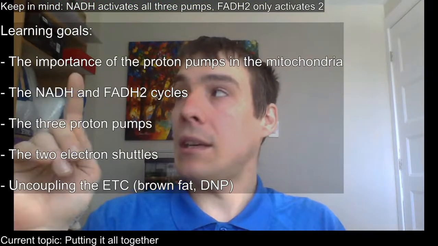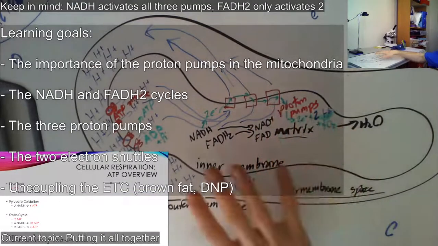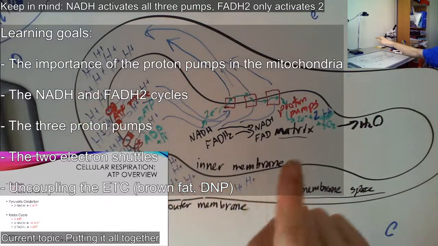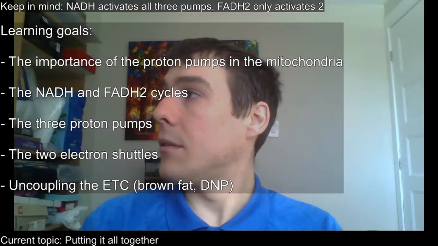So just as a quick review, we did the importance of the proton pumps to maintain the gradient, and that was based on this diagram I had, right? They have to cycle the protons through. We talked about the molecules NADH and FADH.